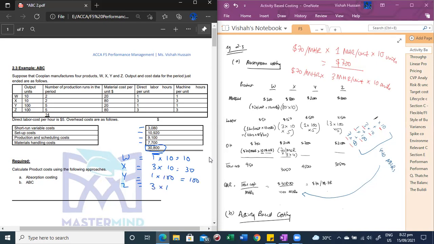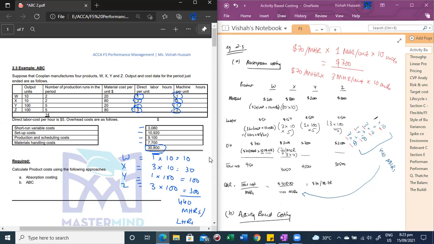And 3 into 100 becomes 300. It's the same for both of them. If you guys have any confusion, please ask me right now. When you add them together, you come up to 440 machine hours or labor hours, whichever you want to use. In this question, I am using machine hours.